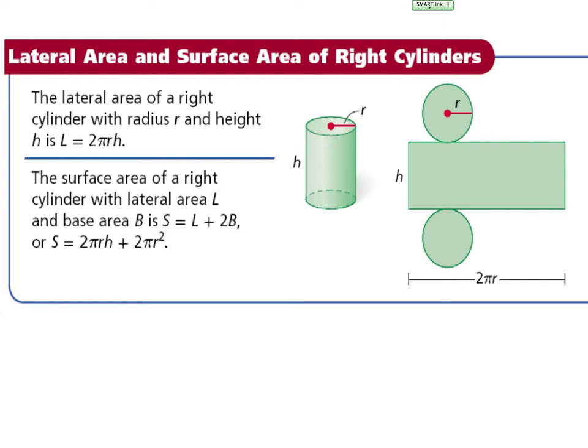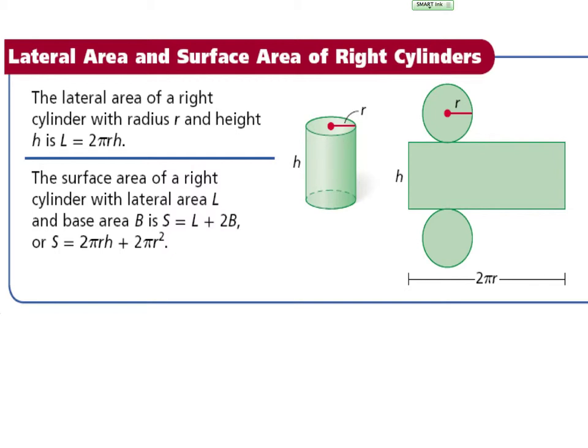Surface area is that same lateral area plus 2 circle areas, 2 pi r squared. Now if you want to use lateral plus 2 bases, you can, but this formula with the pi's is specific to the cylinder because I filled in the formulas for the circle.